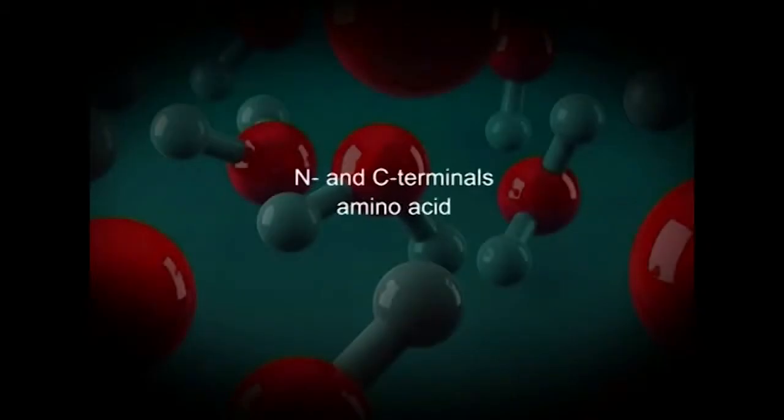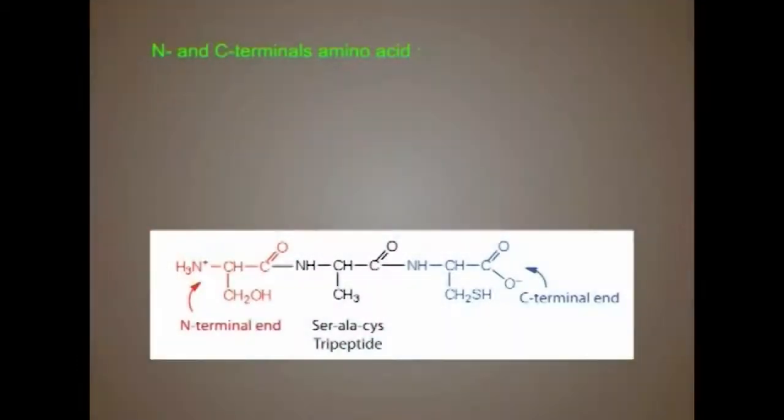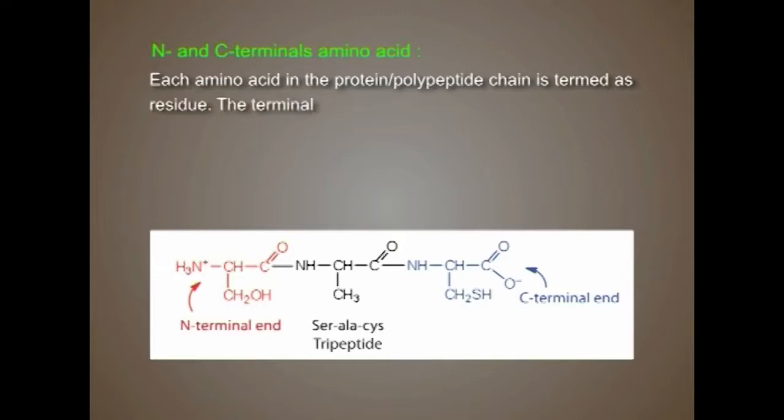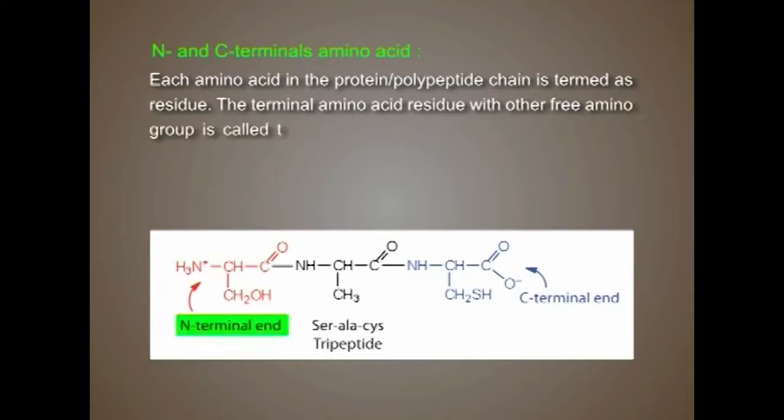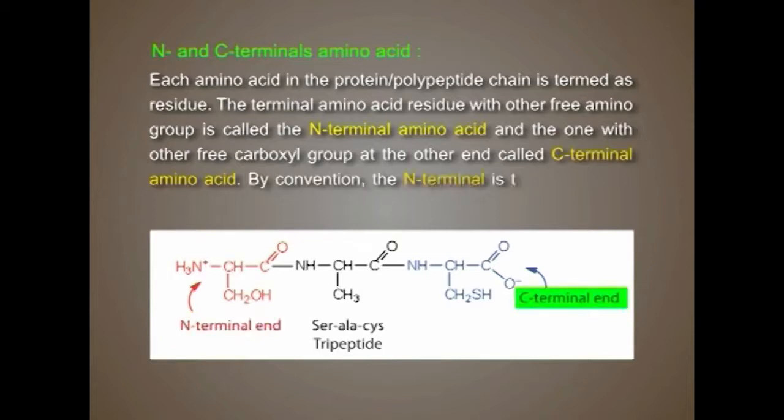Now, N and C-terminal amino acids. Each amino acid in a protein or polypeptide chain is termed a residue. The terminal amino acid residue with a free amino group is called the N-terminal amino acid, and the one with a free carboxyl group at the other end is called the C-terminal amino acid.